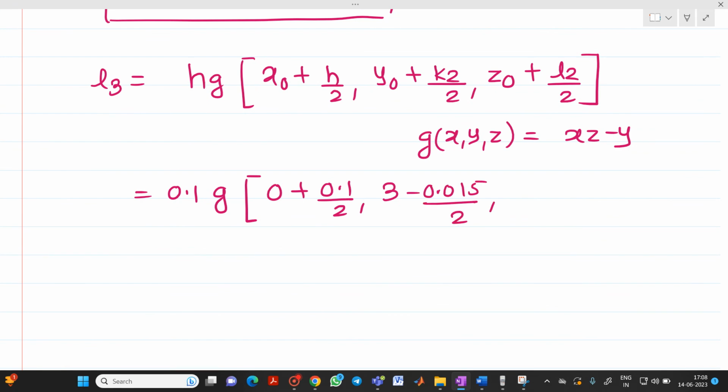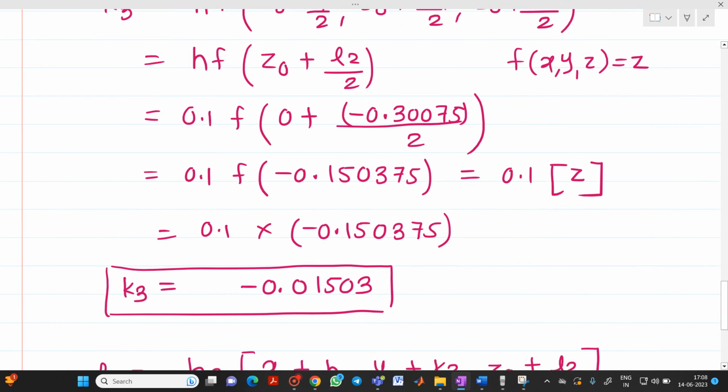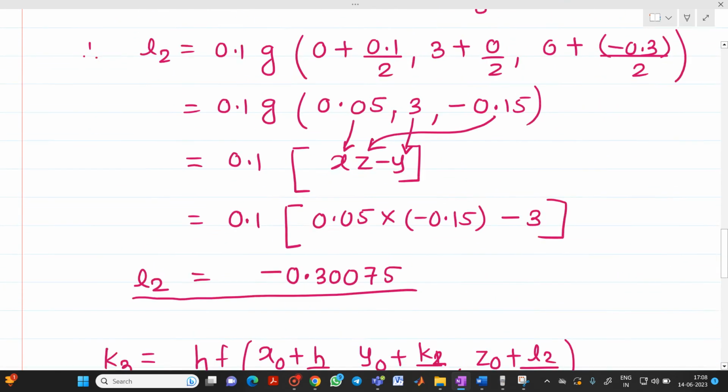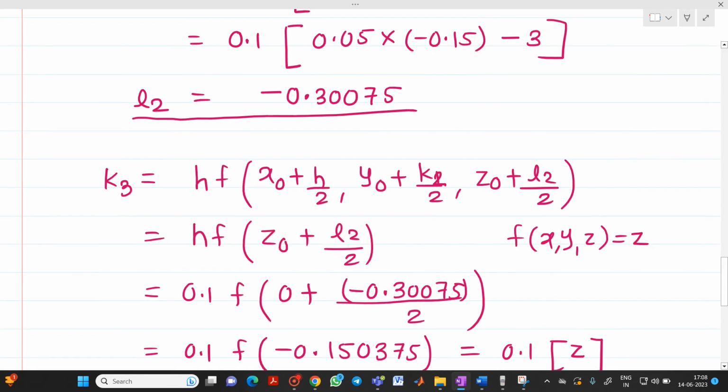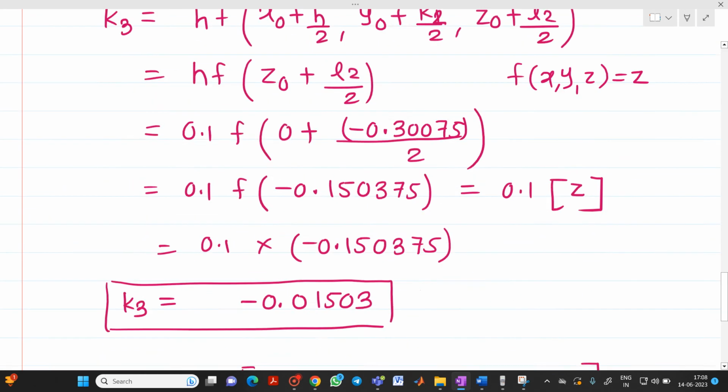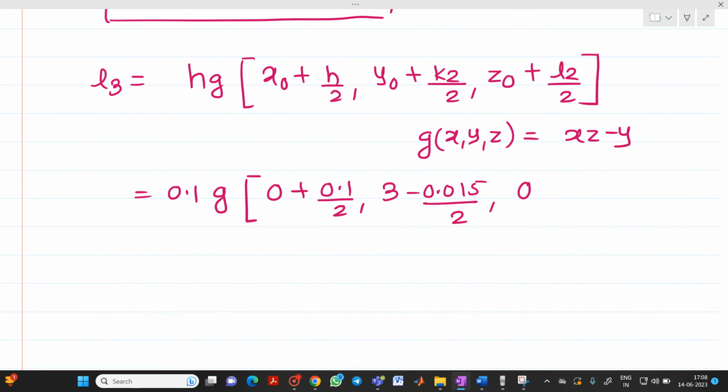What is z0? This z0 was 0 initially. And L2 is minus 0.30075, so minus 0.30075 divided by 2.